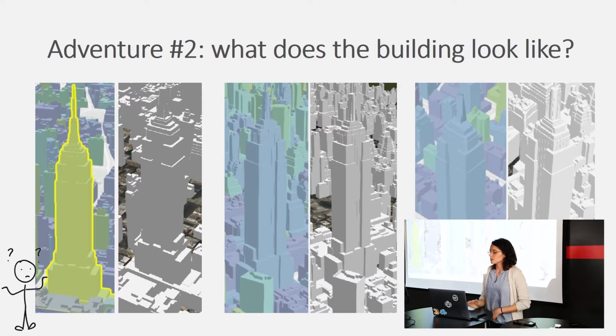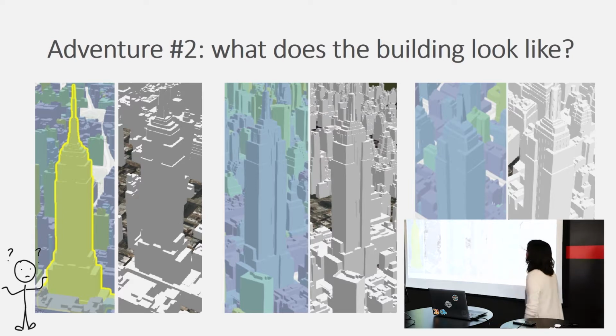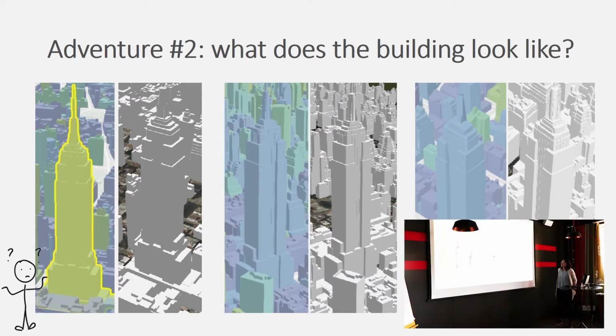So this is about the points. Now let's take a look at the buildings. In 3D, it's generally a problem that, because of the shading, you have trouble recognizing the shape of the building. This is not a problem just in our API. The gray images are from Cesium, and it's a general 3D problem.